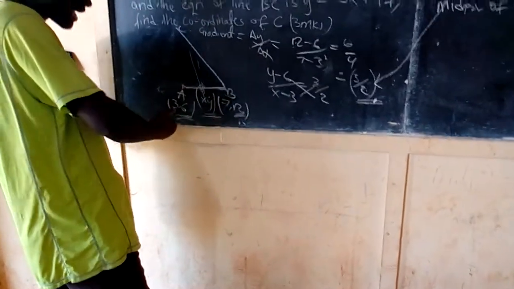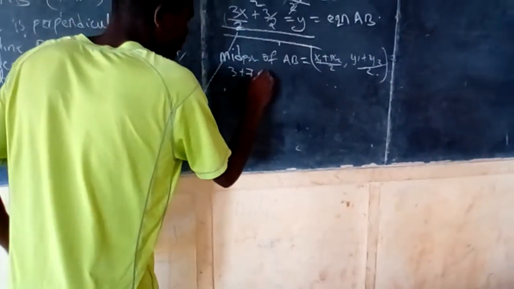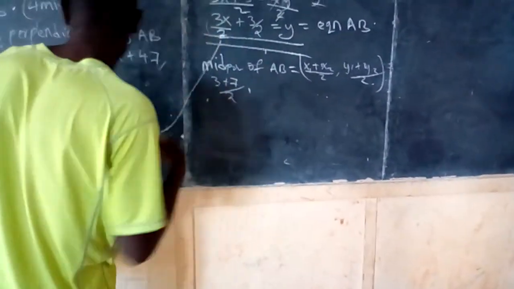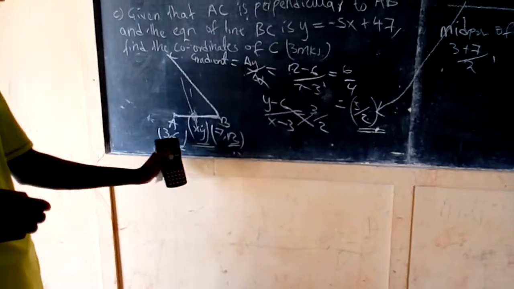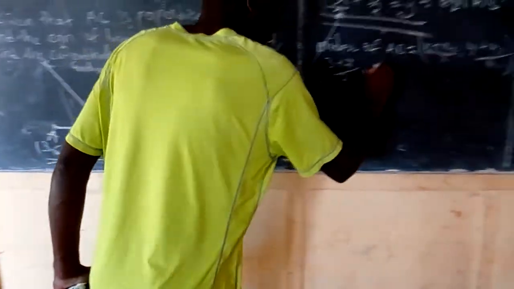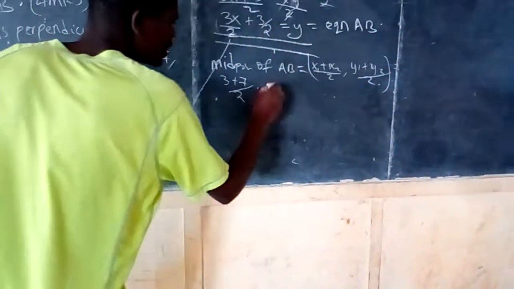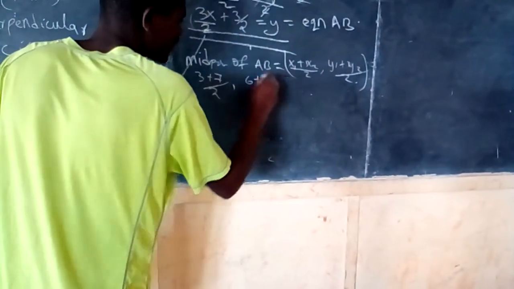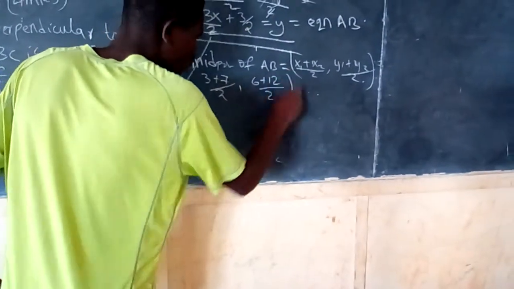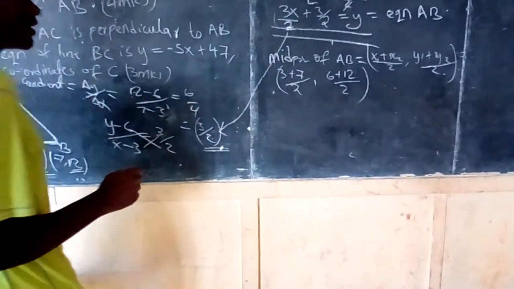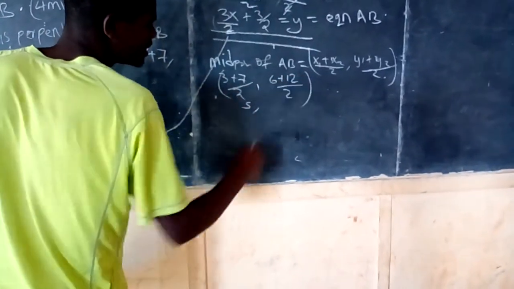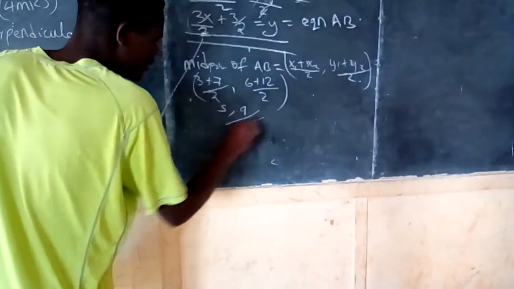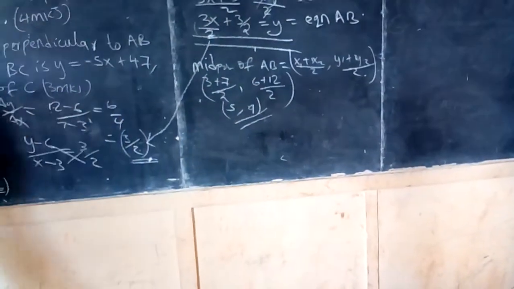So I take x1 plus x2, that is 3 plus 7 over 2, comma, y1 plus y2, that is 6 plus 12 over 2, enclosed in brackets. That is 10 over 2, which is 5, comma, 18 over 2, which is 9. Now I find the midpoint of that line is (5, 9).